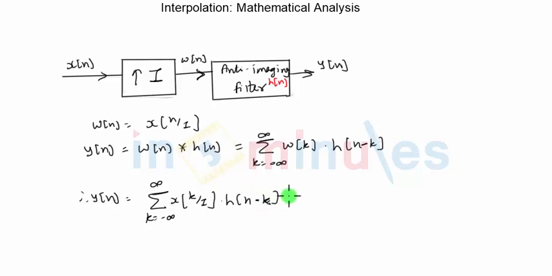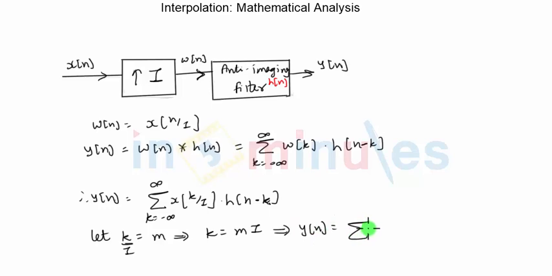I can now do a small simplification. Let k by I be replaced with another variable m. If I do that, then k will be replaced with m into I, and this will give me y of n equal to summation of x of m into h of n minus m I, where the new summation variable is m, and m will vary from minus infinity to plus infinity.